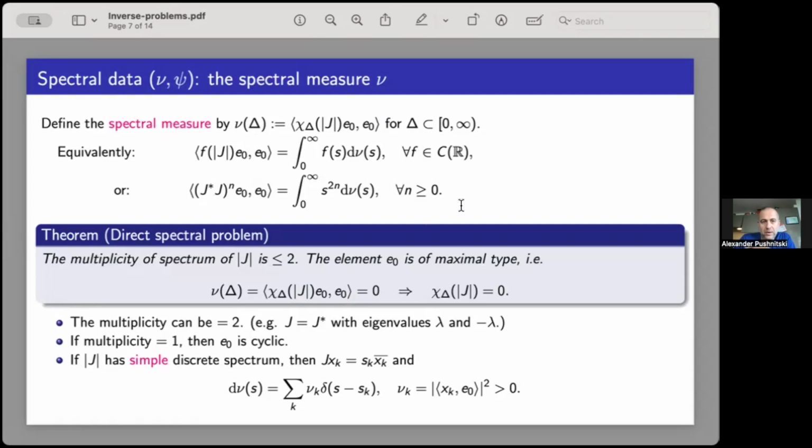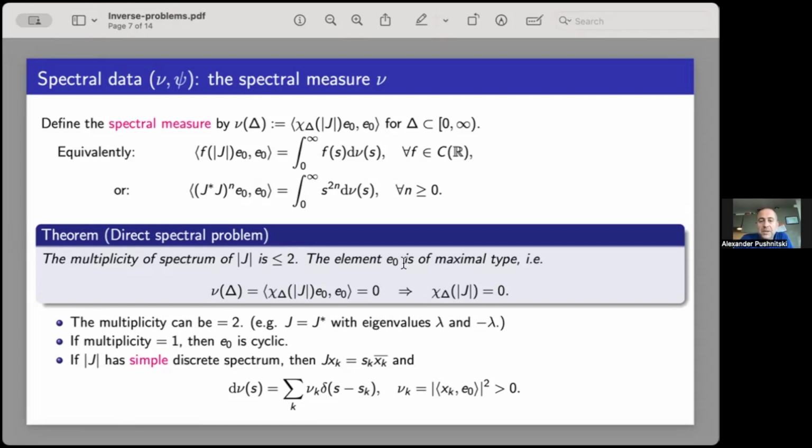Okay, so let's start with discussing the direct spectral problem. This is what it says. The multiplicity of the spectrum of this mod J is less than or equal to 2. Remember that in the self-adjoint case, the multiplicity of the spectrum of J was 1, but here it can be 1 or 2.